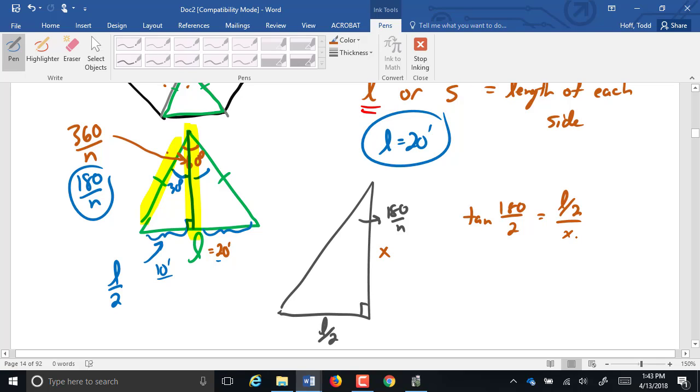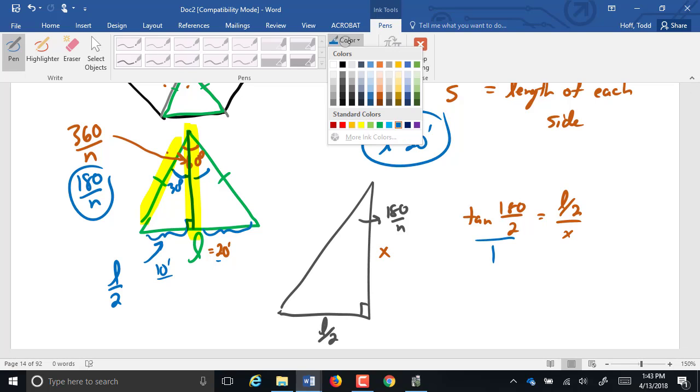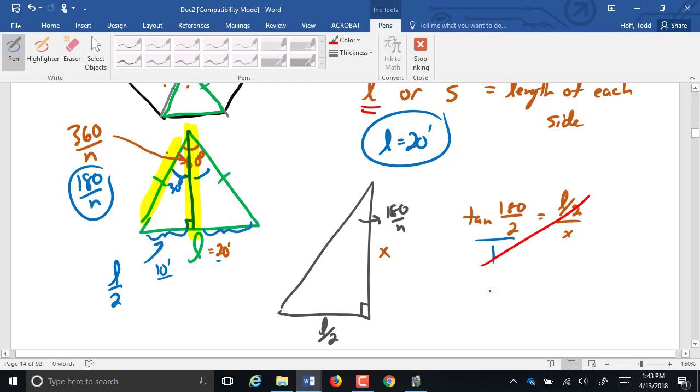I'm solving for x. I'm going to put this over 1, and I'm going to cross multiply and divide. 1 times L over 2 is just L over 2 divided by the tangent of 180 over n. I don't know why I switched to 2, that should be n. So that's that height.